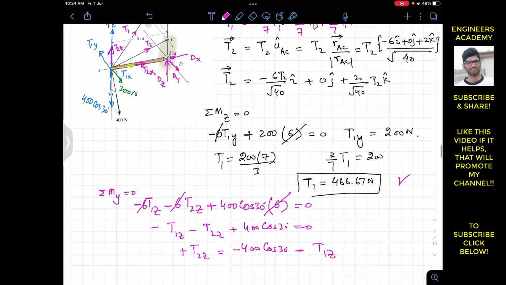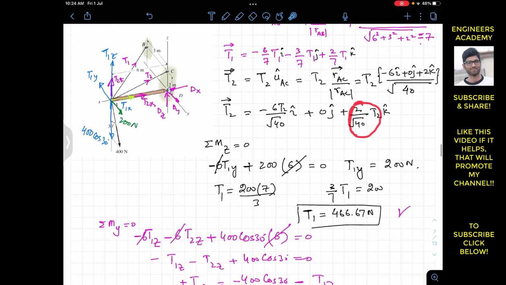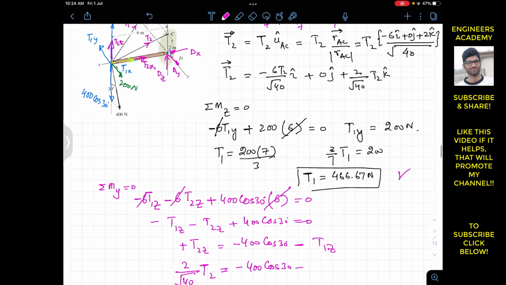Now as we know T2z is 2 divided by square root 40 into T2. This is the magnitude of T2z, and this is equal to minus 400 cos of 30 minus T1z.